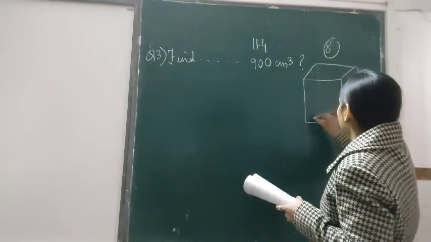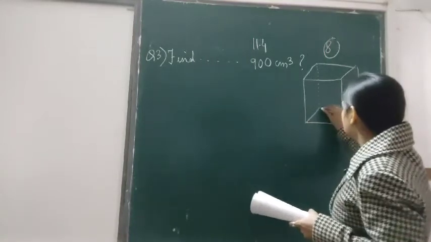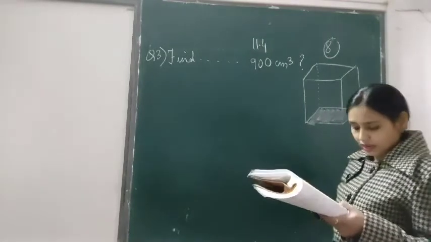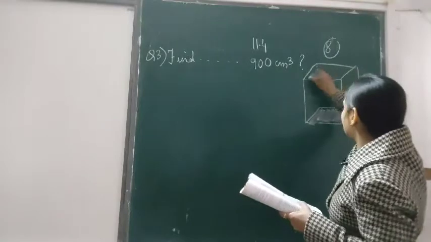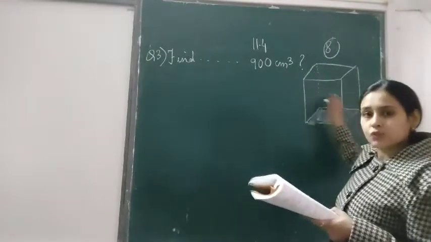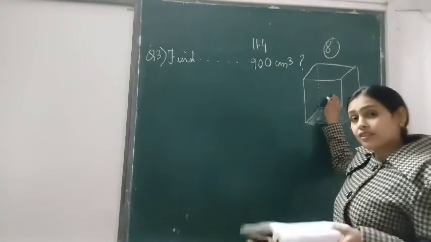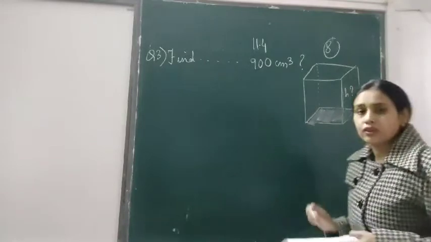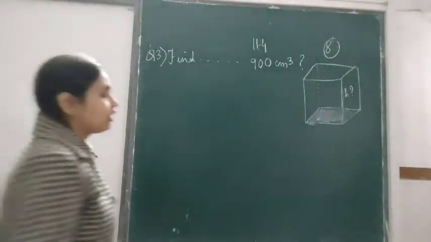This is a cuboid whose base area is given. Base area means this area is given. And its volume is given. Okay, the inner space which is occupied by this cuboid is given, and we have to find the height.